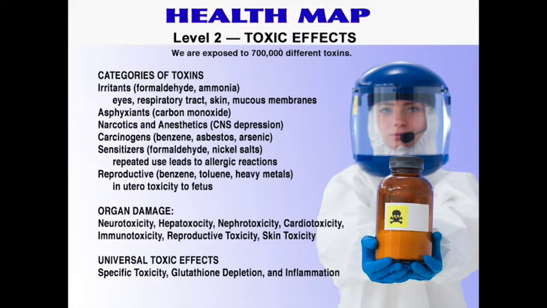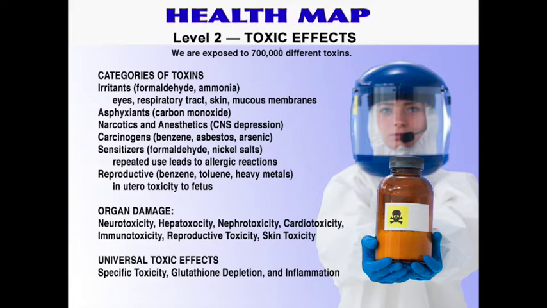Anesthetics and narcotics, which depress the central nervous system. 4. Carcinogens like benzene, asbestos, and arsenic, which cause cancer. 5. Sensitizers such as formaldehyde and nickel salts. These are toxins whose repeated exposure leads to allergic reactions. And 6. Reproductive toxins such as benzene, toluene, and heavy metals, which cause in utero damage to the fetus.